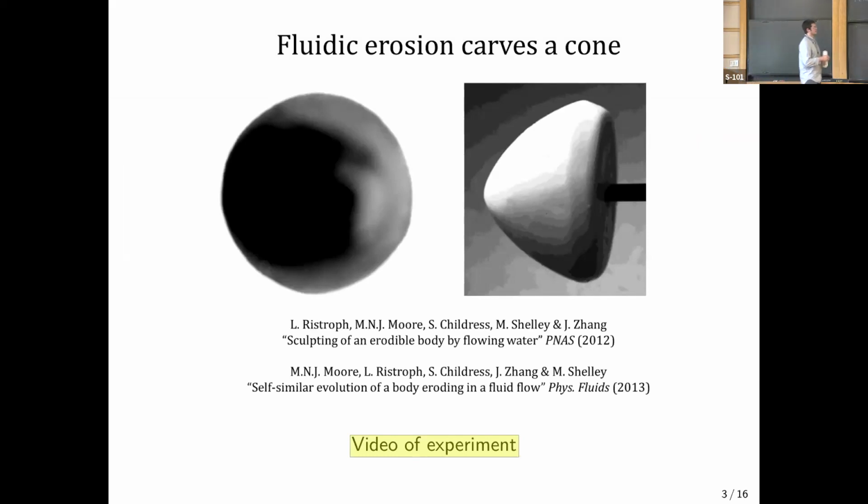Yeah, you're saying that this is like a cone? Yeah, on the top. Yeah, I took this from Life Ristroff, and yeah, that picture may be from a different experiment. Don't look too closely at that one, Matt.